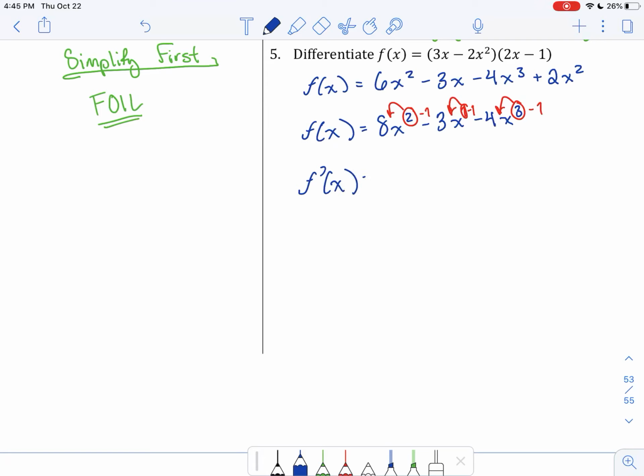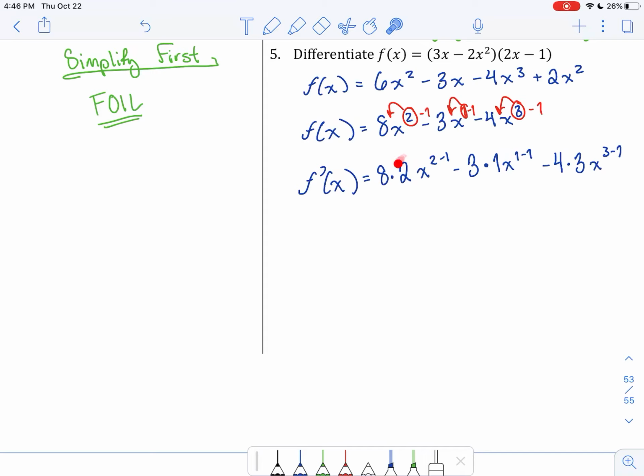So f prime of x, and this is where I do recommend you write things out so that you can make sure that you're not making any arithmetic mistakes in your head. This becomes 8 times 2, x to the 2 minus 1, minus 3, because remember the coefficients just sit in the front, 1x to the 1 minus 1, minus 4 times 3, x to the 3 minus 1.